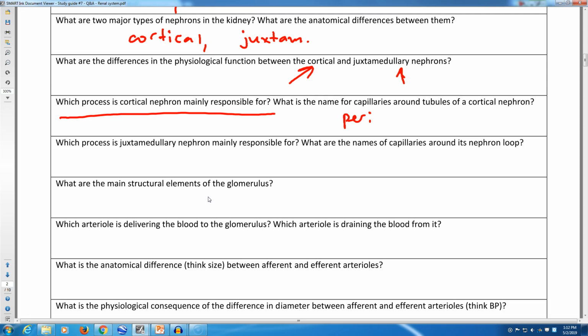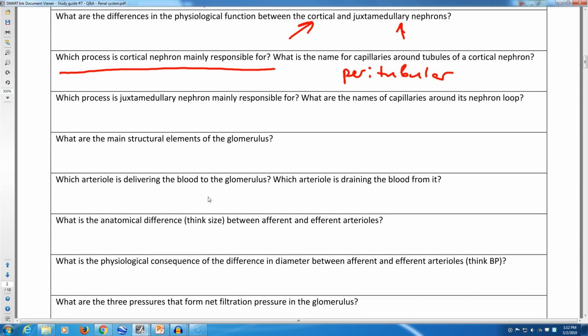Capillaries: peritubular. Juxtamedullary: production of the concentrated urine. Names of the capillaries: vasa recta. In the glomerulus, you have glomerular capillaries and the glomerular capsule.